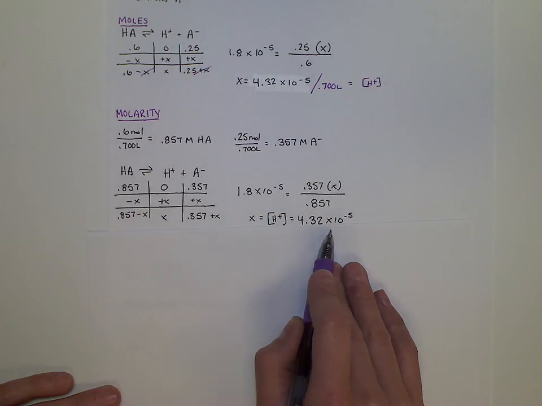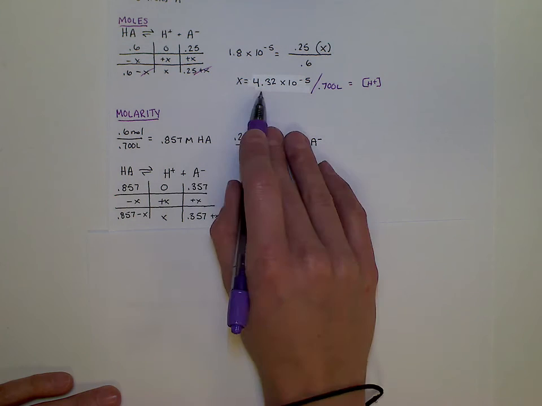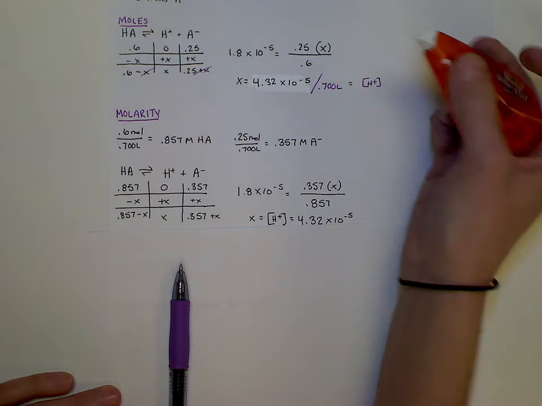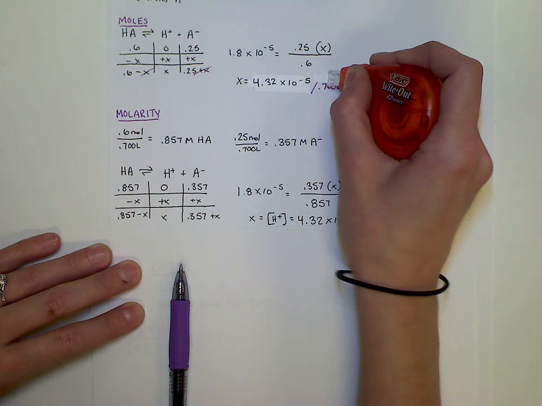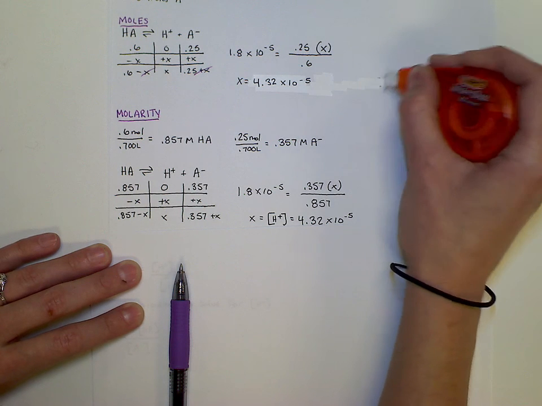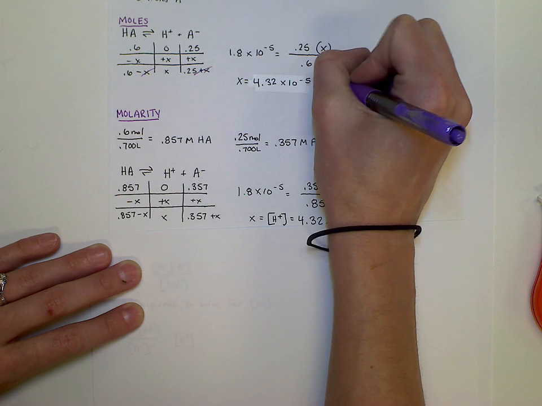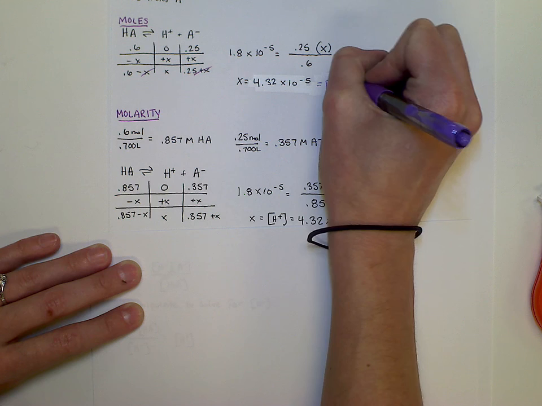And if you take a look, this is the 4.32 times 10 to the negative fifth number that I got up here. Okay, so what that tells us is we do not need to put this over the volume of the solution in order to get to the concentration. This answer is in fact the concentration of the H plus.